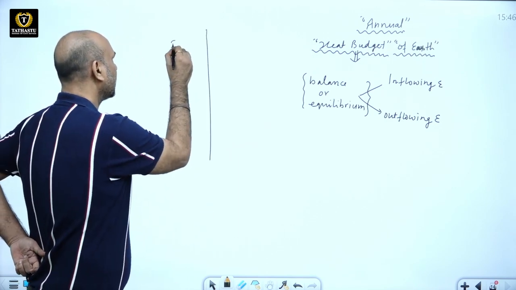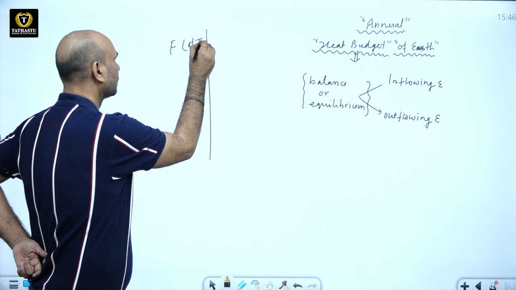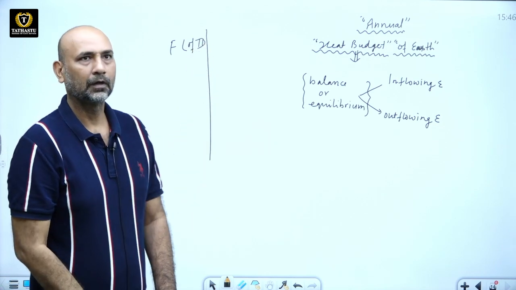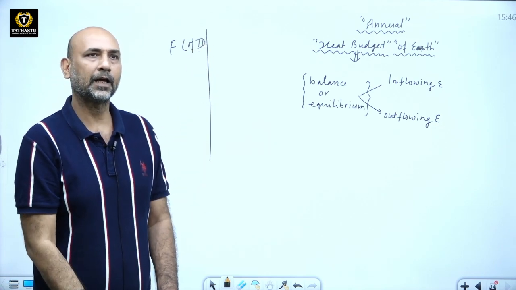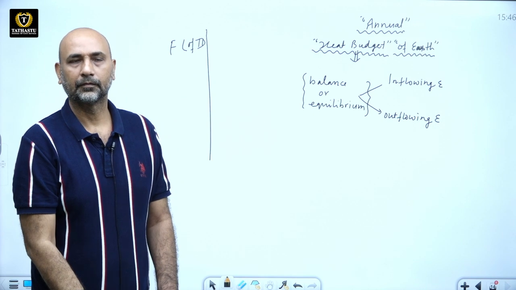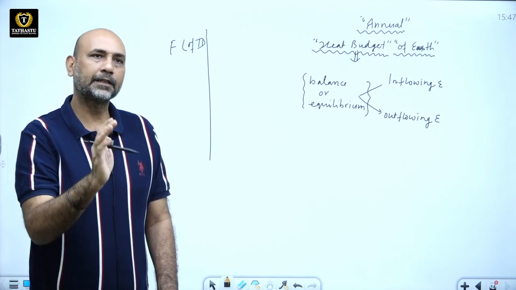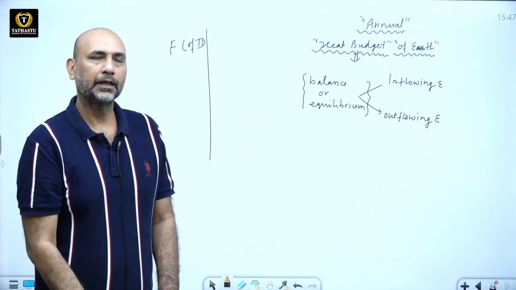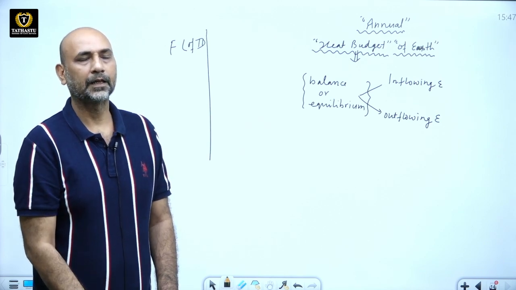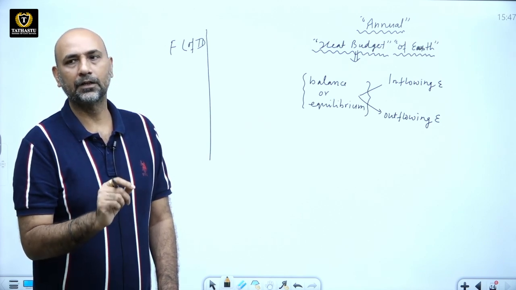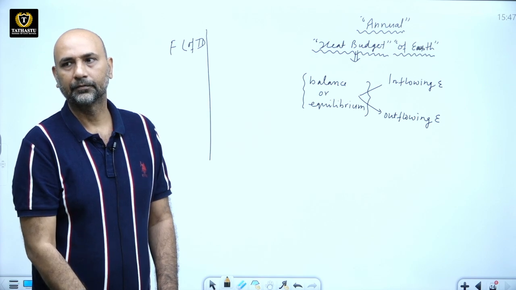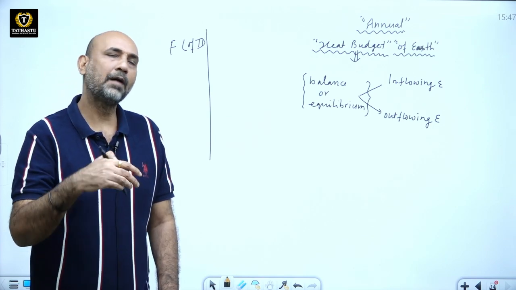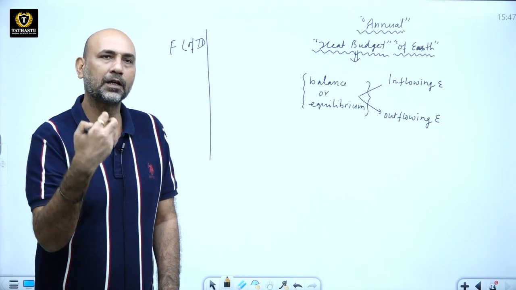First law of thermodynamics, write it down. In a system of constant mass, energy is neither created nor destroyed. One form of energy is changed into another form of energy.